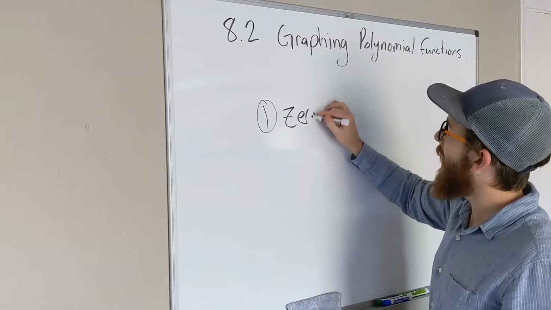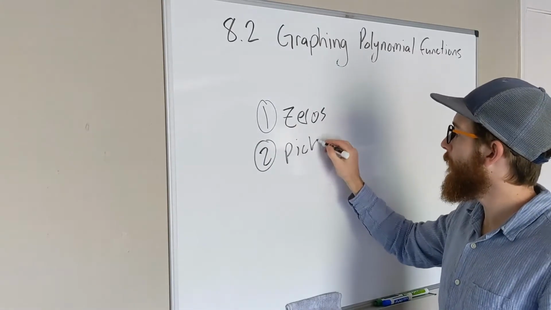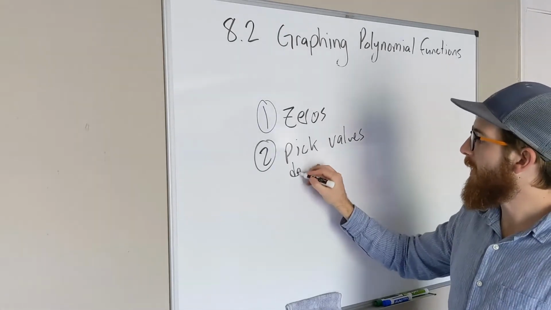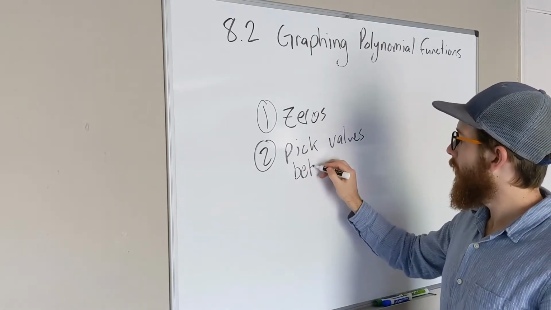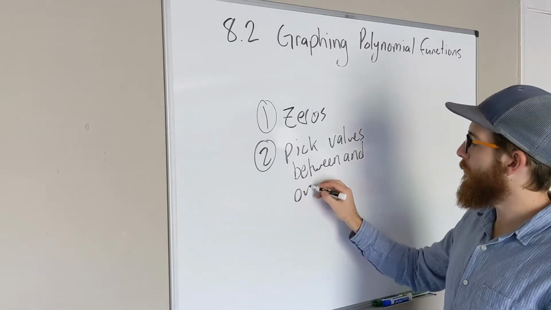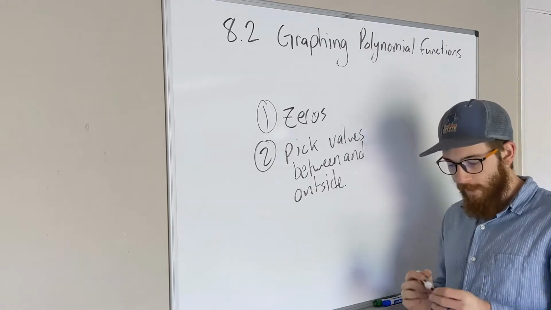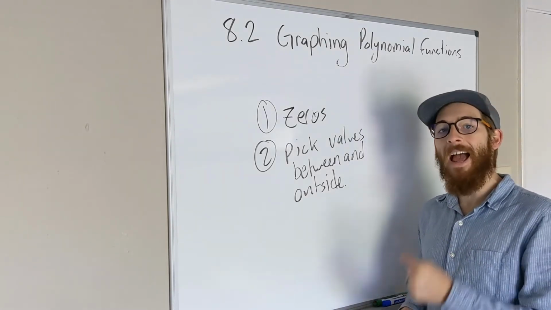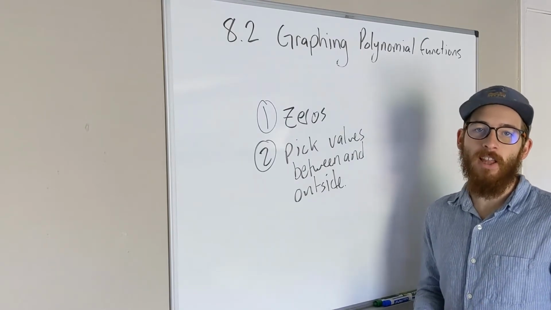And then secondly, after we find the zeros, we're going to pick values between the zeros and outside the zeros. And the reason we're doing this is so that we can get a more accurate representation of what the graph actually looks like.